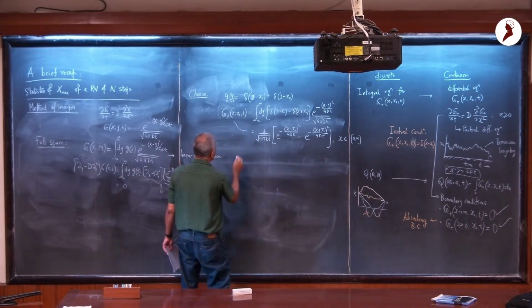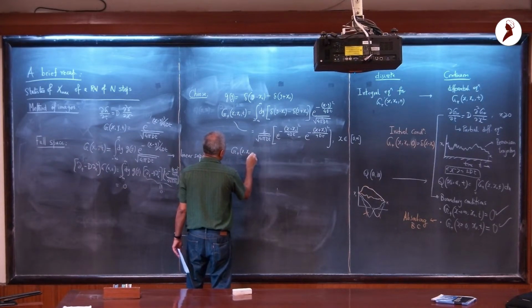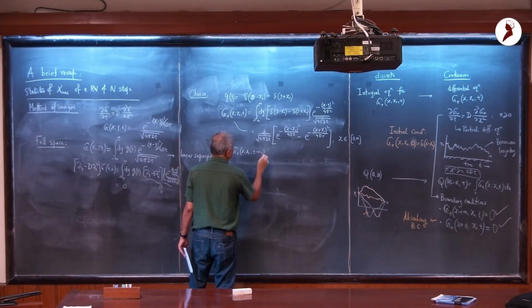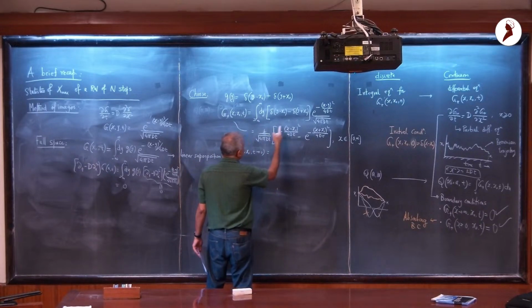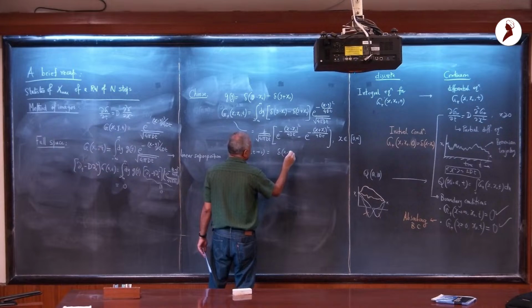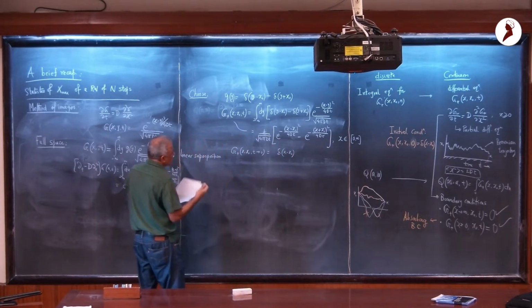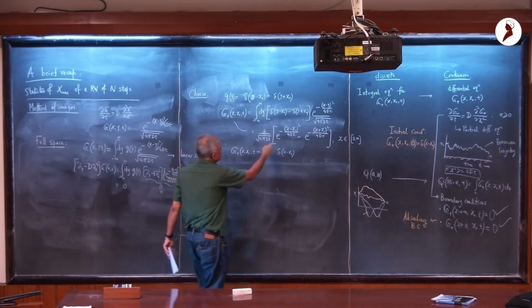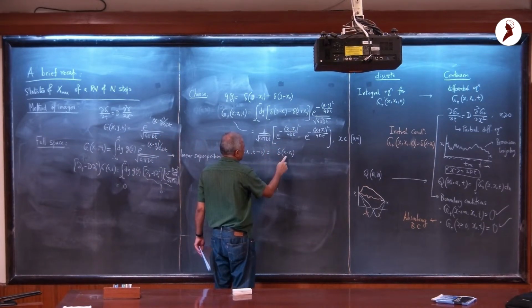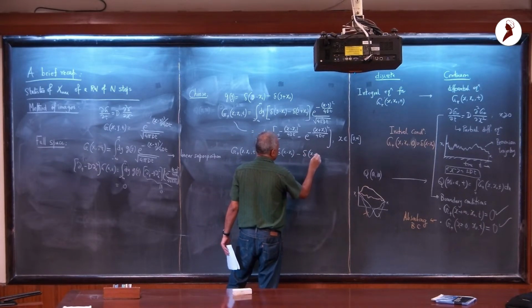What about the initial condition? So if I take t goes to 0, this object here goes to delta function of x minus x naught. This you can check, because in the diffusion equation, you know that this is like an initial condition starting at x naught. So therefore, this is this minus delta of x plus x naught.